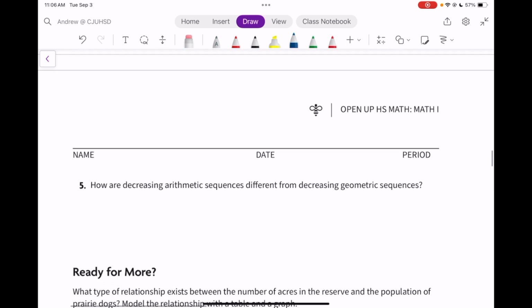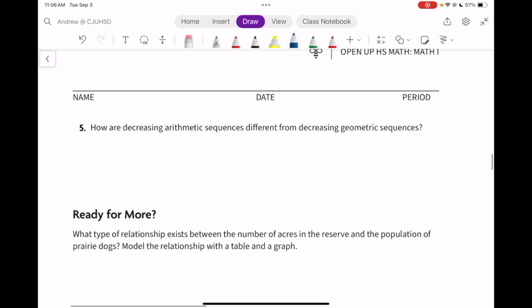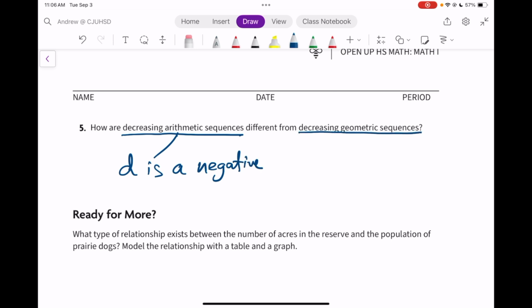So our key takeaways: the difference between a decreasing arithmetic sequence is our common difference is a negative number. But a decreasing geometric sequence, the r is between 0 and 1.